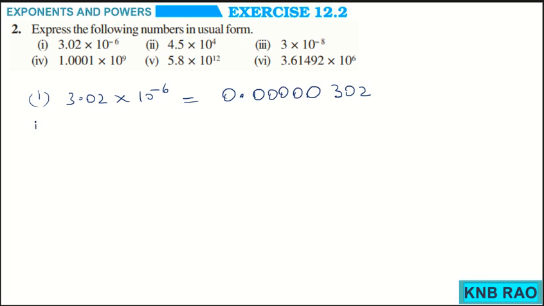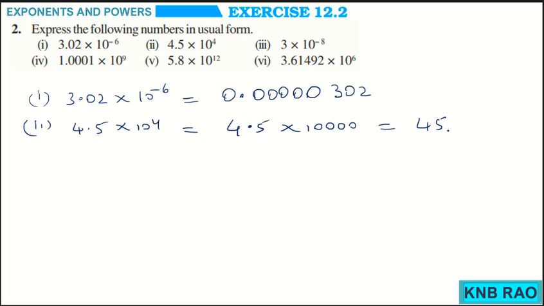Then coming to the next question, 4.5 into 10 power 4, that means 4.5 is multiplied by 10,000, where this point will shift from that place towards the right.